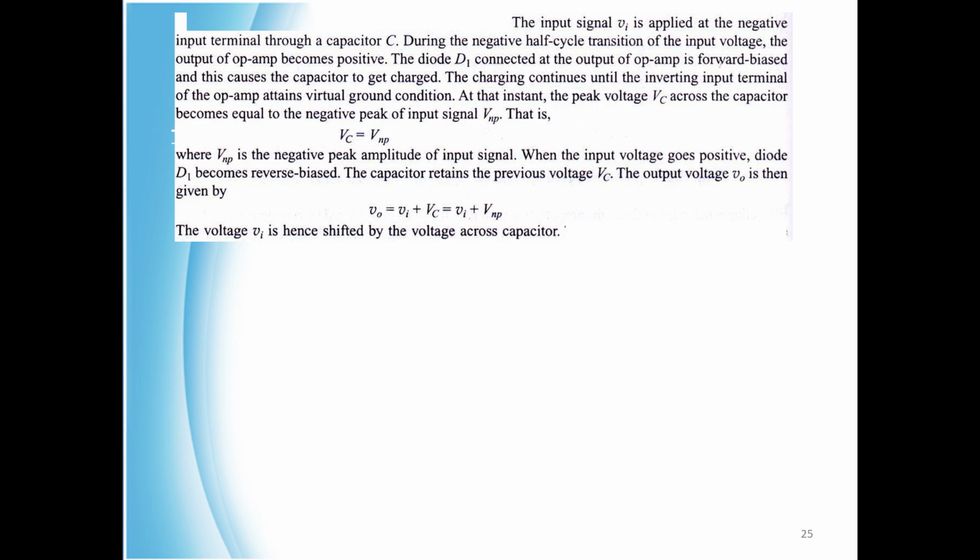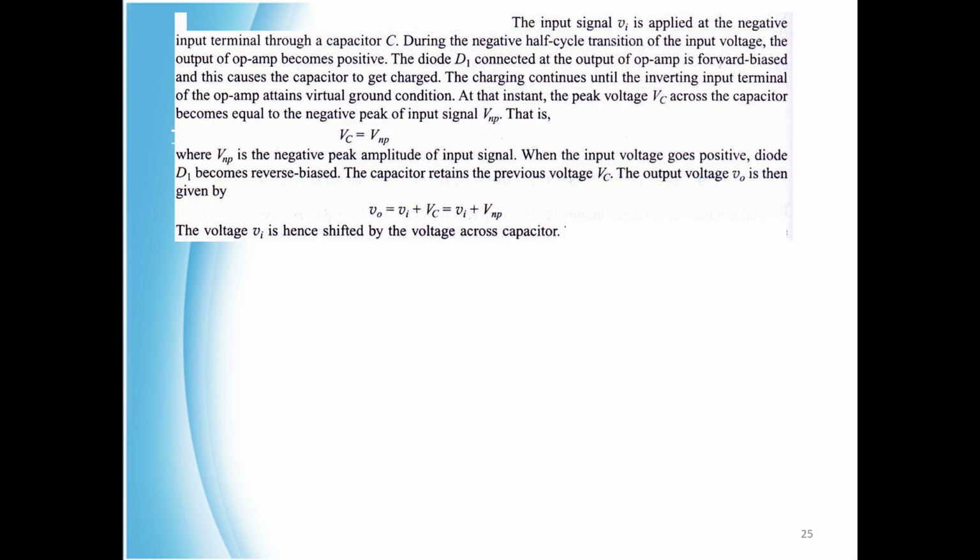The diode D1 connected at the output of the op amp is forward biased, and this causes the capacitor to get charged. The charging continues until the inverting input terminal of the op amp attains virtual ground condition.